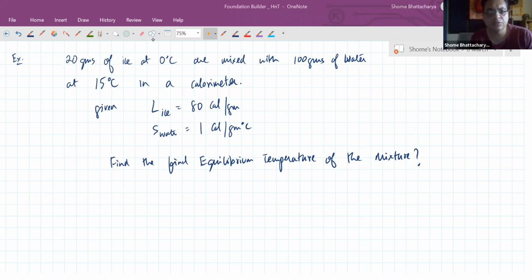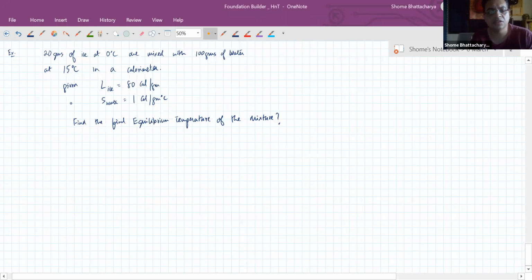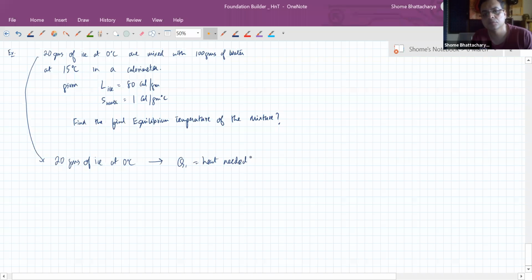Okay, anybody got the answer for this? Now see, in this, what is happening is that the 20 grams of ice at 0 degrees C, let's say Q1 is the heat needed to melt all the ice.